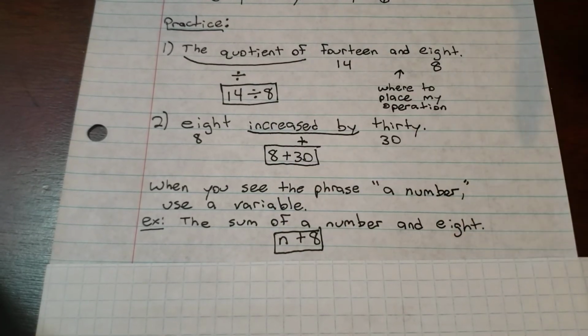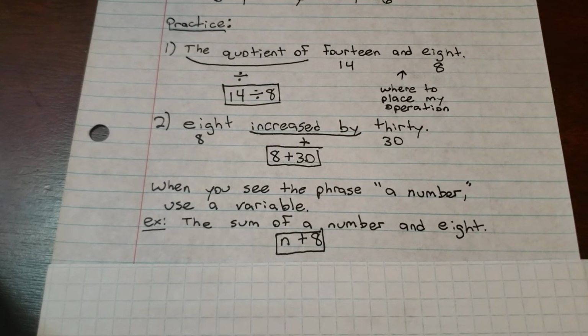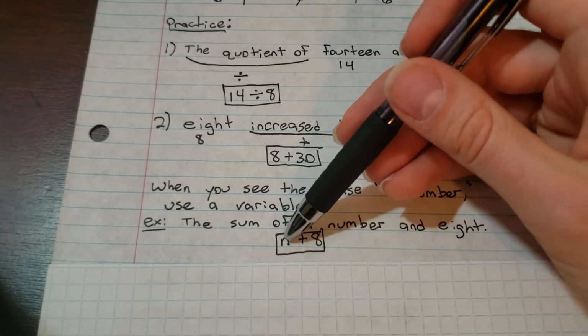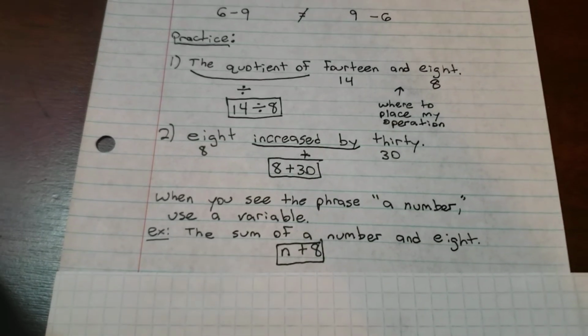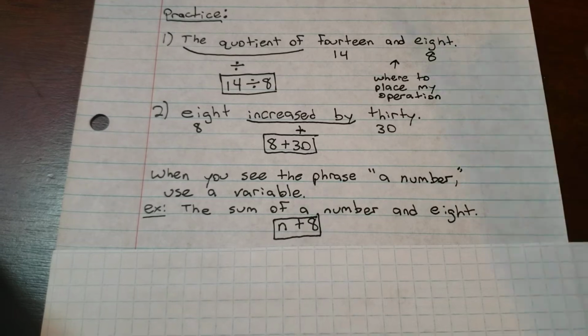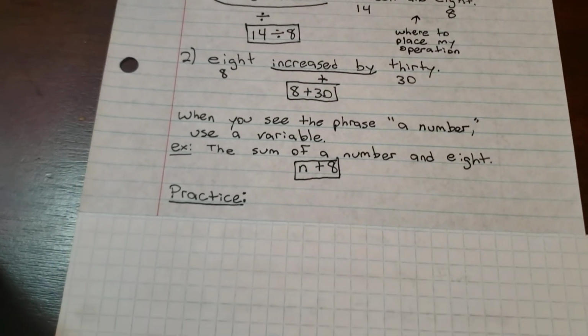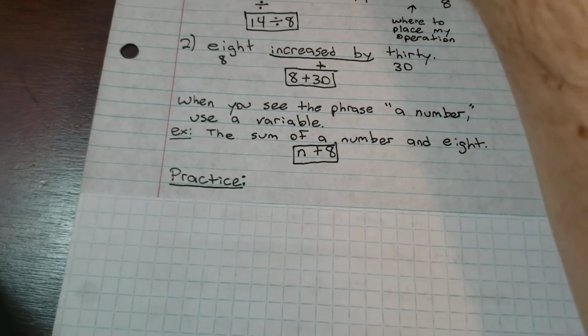Now, I could have used any variable there. For example, on quizzes or tests, if you put x plus 8, that's totally fine. That's still a variable, isn't it? All right, here's some more practice with our variables.